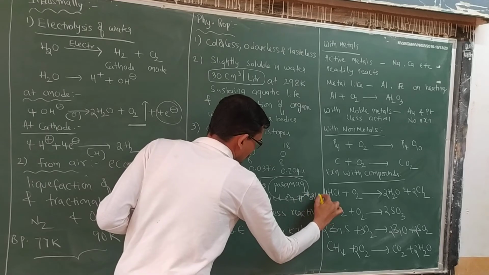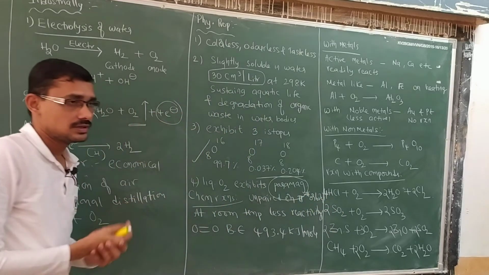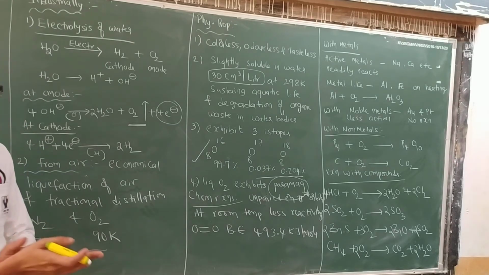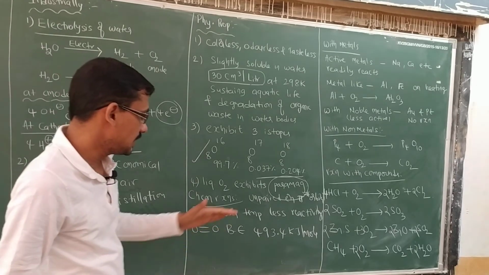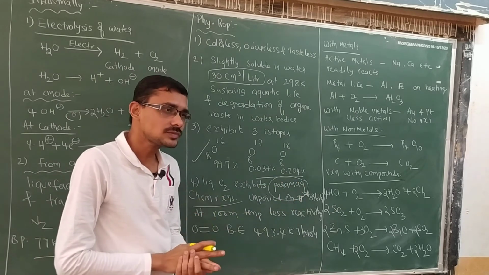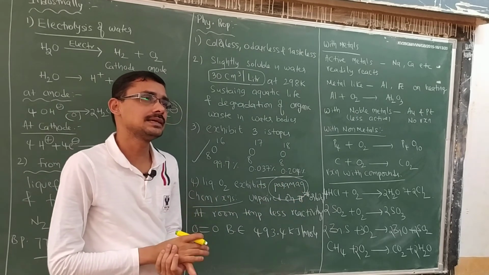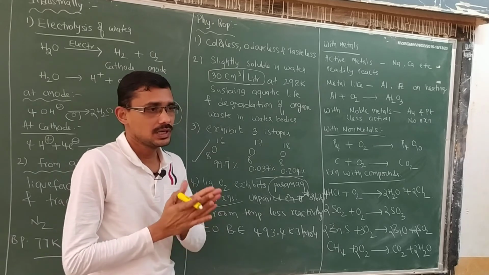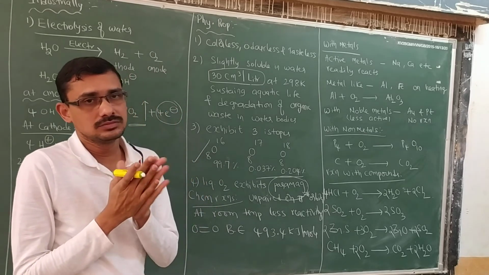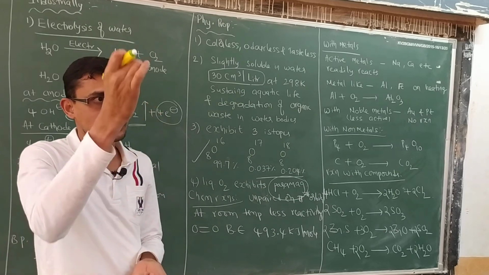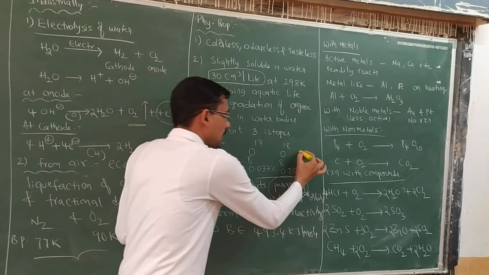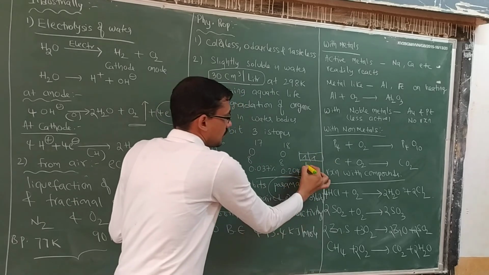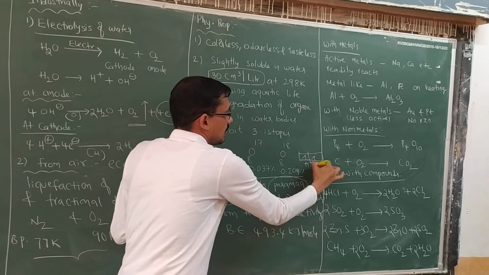We already discussed this in chemical bonding, in molecular orbital theory, where we drew some diagrams in which the pi star orbitals have some unpaired electrons like this.